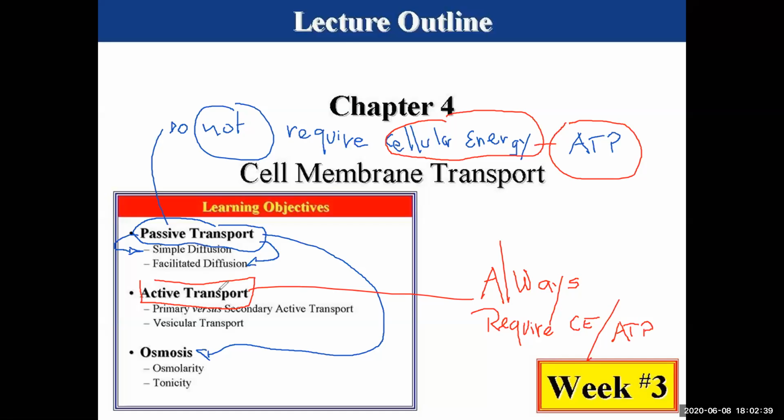So active transport mechanisms require cellular energy or require ATP. Passive transport mechanisms do not require cellular energy or do not require ATP.